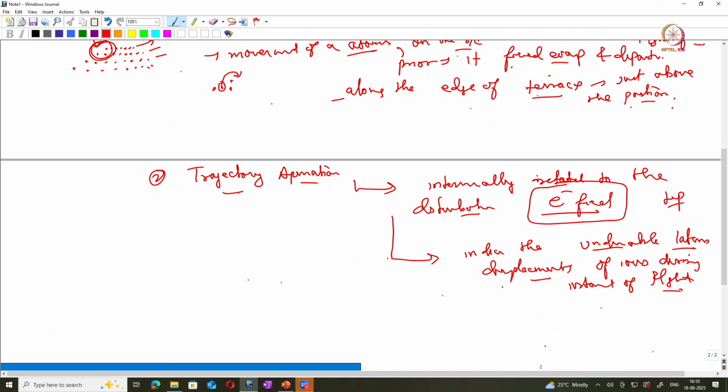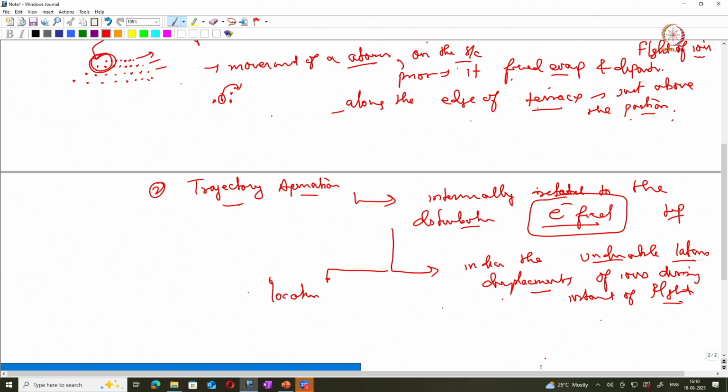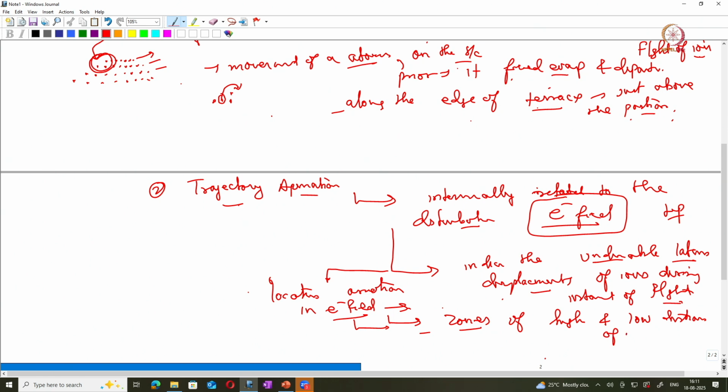Okay, and this is directly affected by the localized variation in the electric field. Okay, and this usually results in zones of high and low density of ions that hit the detector.